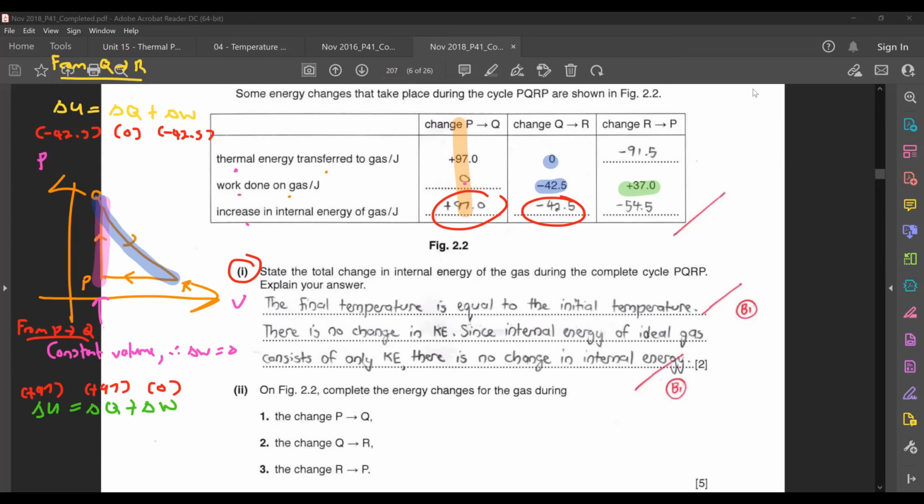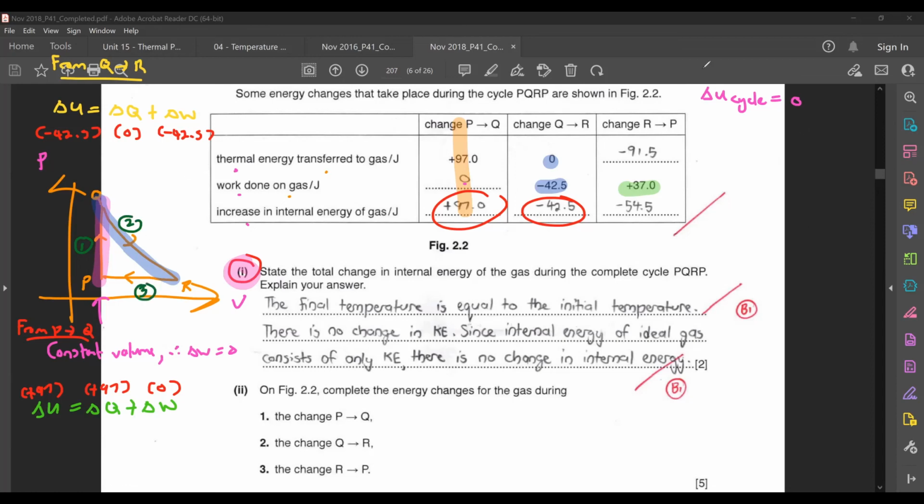You can't work it out directly now. You have to make use of what you learned, that the change in internal energy of the whole cycle is 0. The whole cycle consists of 3 different stages: from P to Q, from Q to R, from R to P.